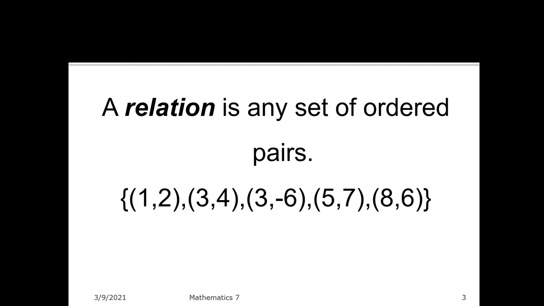In this case, we have here 5 sets of ordered pairs, and the inputs are 1, 3, 3, 5, and 8. The rest are the outputs.